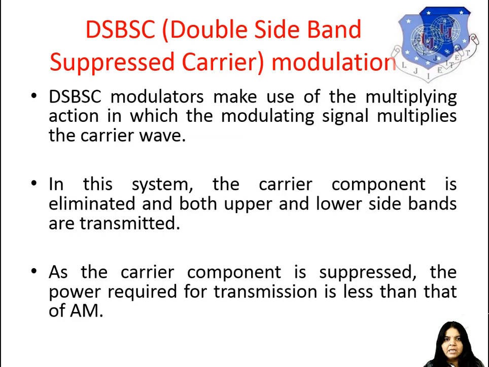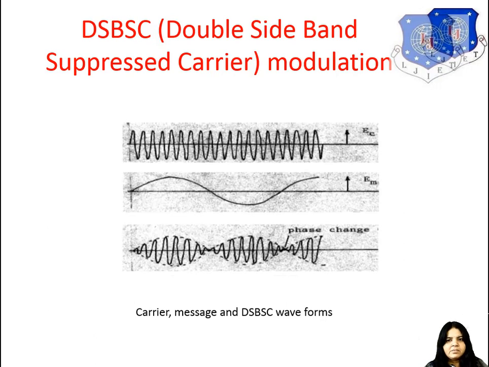As the carrier component is suppressed, the power required for transmission is less than that of AM. This is the carrier wave, amplitude Ec, this is the modulating signal, and this is the DSBSC waveform.